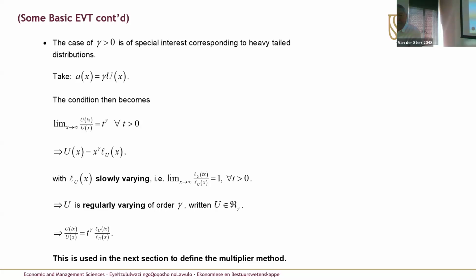Or you can go further and say, can I place some form on this ratio? Okay, is there a natural assumption to make about that? And we'll see that's true as a second order condition. And in that way, we'll get first and second order conditions. Because if we look at this, U(tx) is approximately then U(x) times t to the gamma times this ratio.